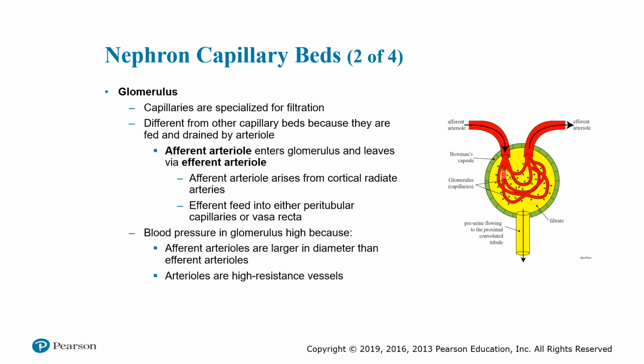So this glomerulus has high pressure compared to the systemic capillaries, and that high pressure aids in filtrate formation, the movement of water or plasma from the capillaries into the capsular space.